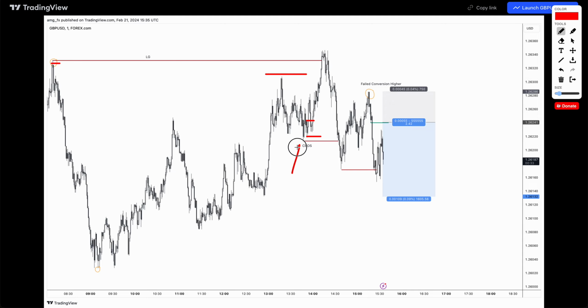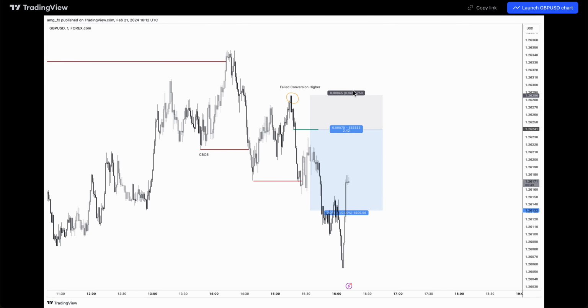And then we broke this low here, CBOS. We had the failed conversion higher, and that was confirmed by the break of that low. So now we have our range from here to here. Stops at the invalidation, entry at the POI, but very unfortunately, we missed it.